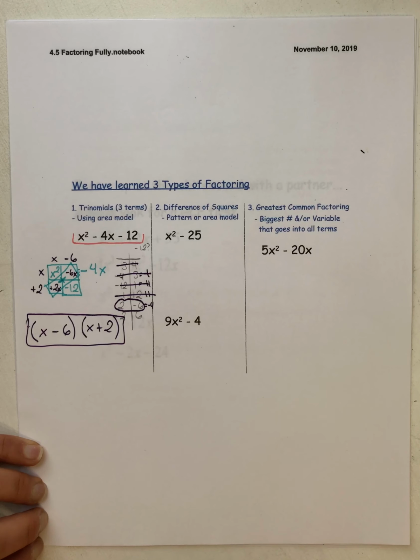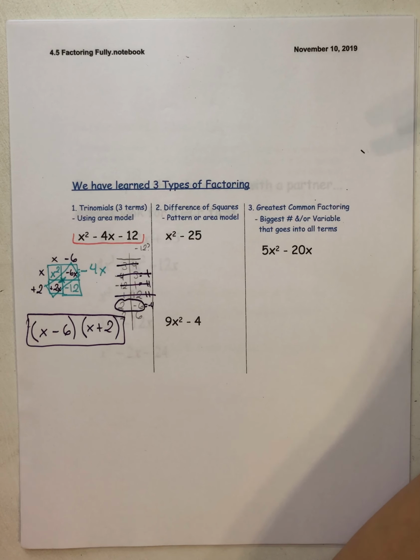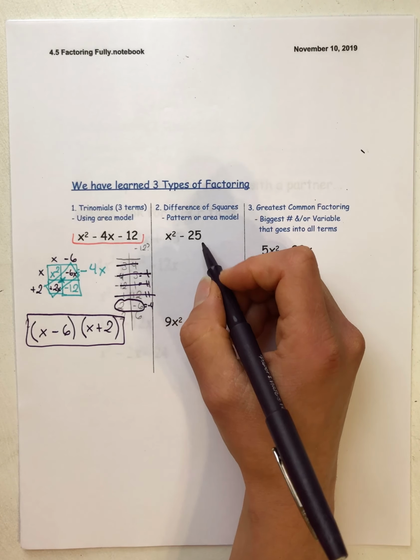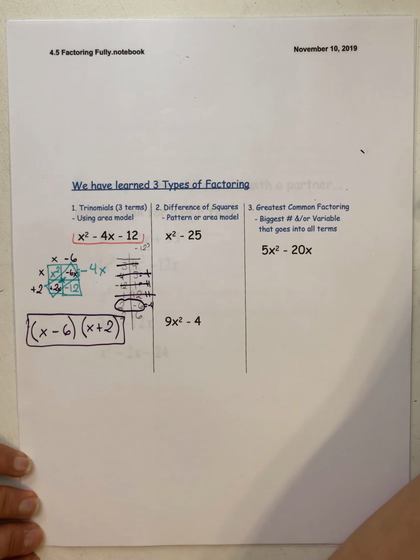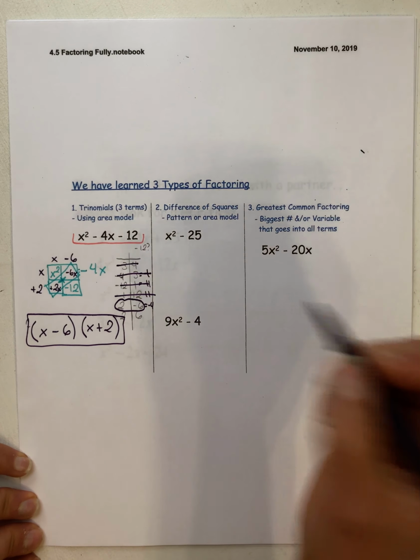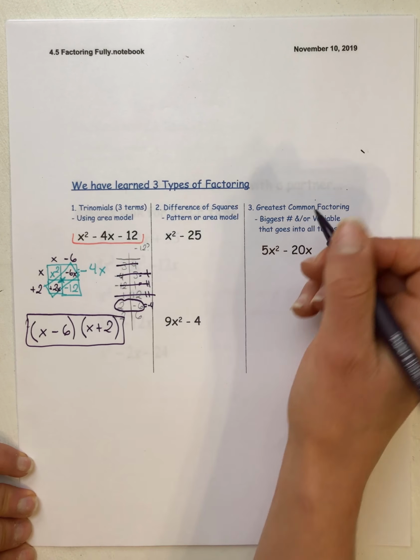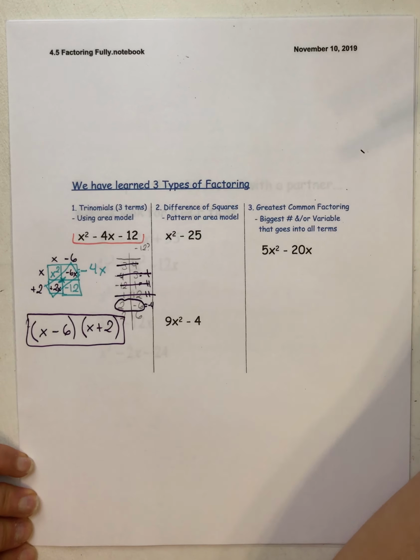Okay? We also learned the difference of squares. So remember, when we're talking about the difference in squares, we have to make sure that it is a number times itself, right? It has to be a perfect square. So we need to take a look, and we need to make sure that it hits all of the points.